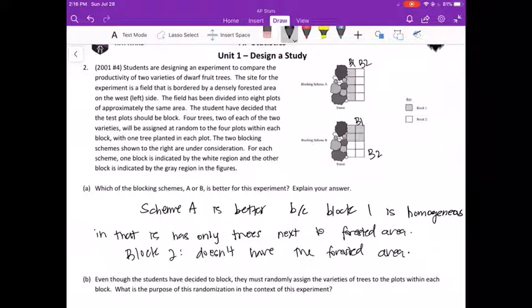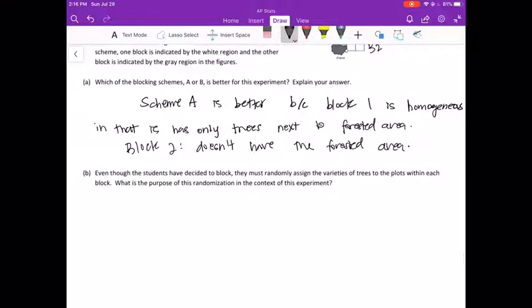Even though the students have decided to block, they must randomly assign the varieties of trees to the plots within each block. What is the purpose of this randomization in the context of this experiment?